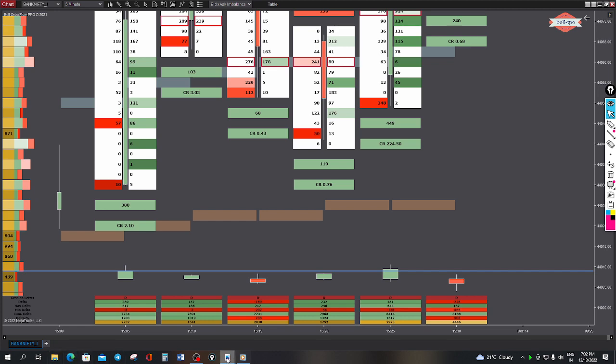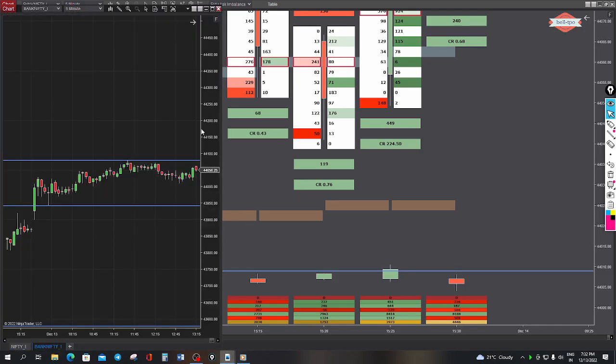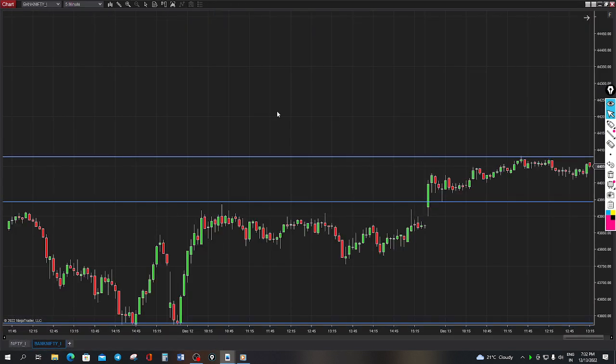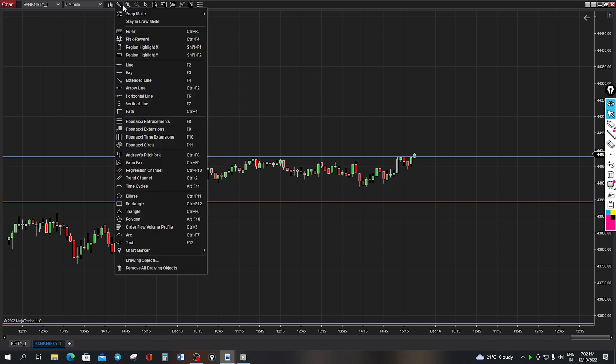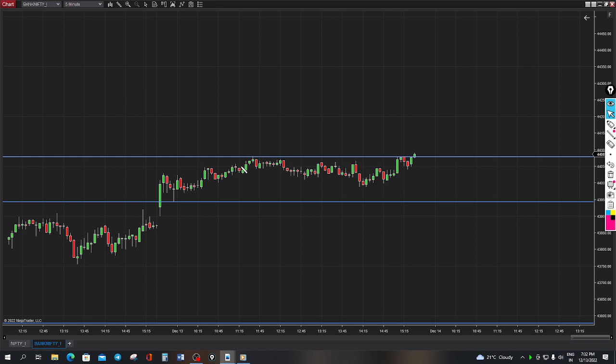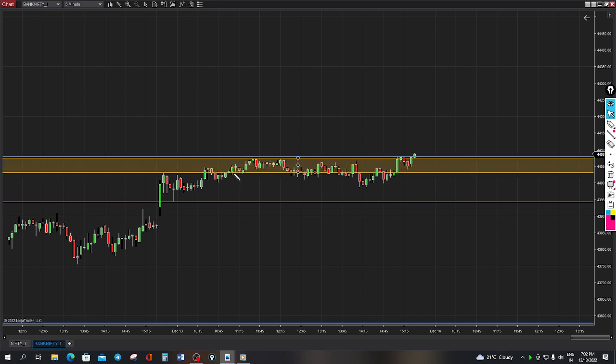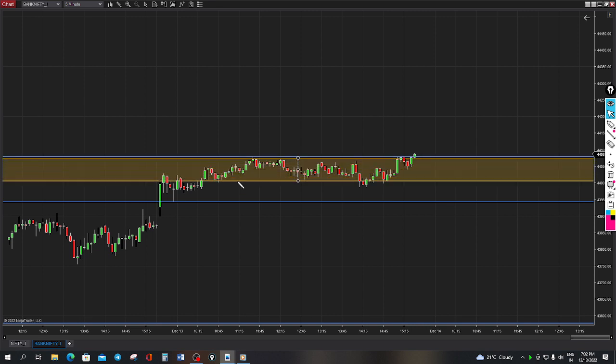You can see what happened today. The whole day it was moving in one particular range of 100 points. So there is not much of a trade today. The market was moving sideways.